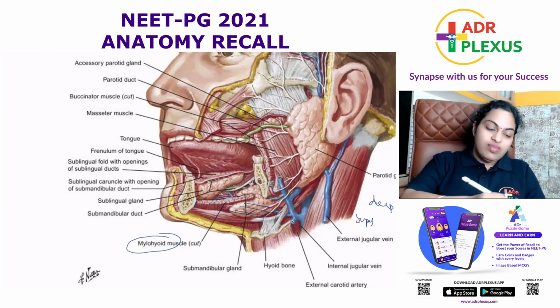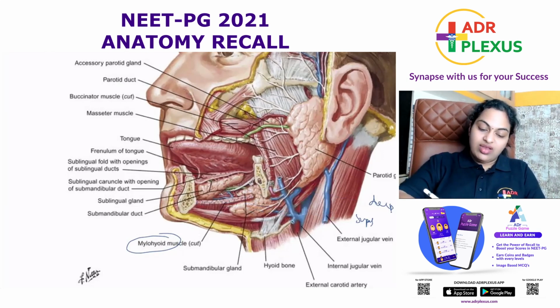This platysma is going to be supplied by the cervical branch of the facial nerve. Can you see the nerve here? This is nothing but the cervical branch of the facial nerve, right? And close to it, at the anteroinferior angle of masseter, you can see the facial vein is crossed by another nerve, the marginal mandibular nerve.